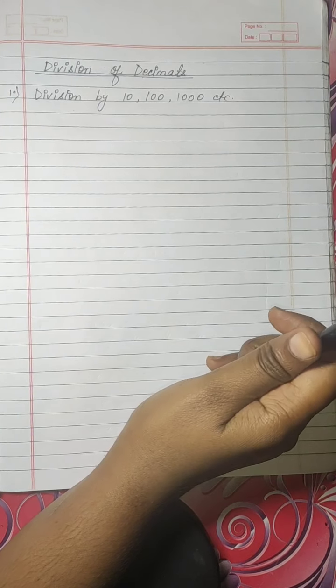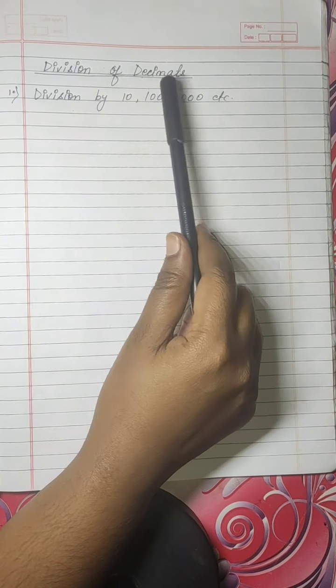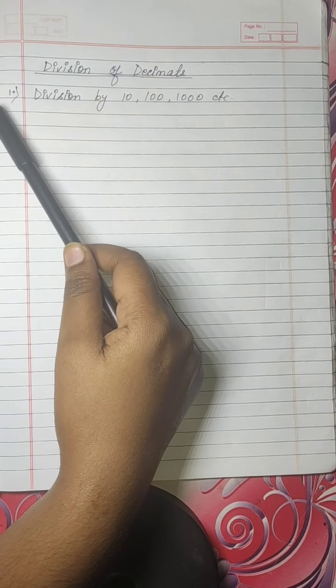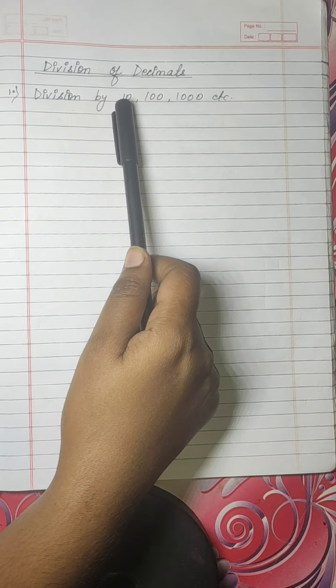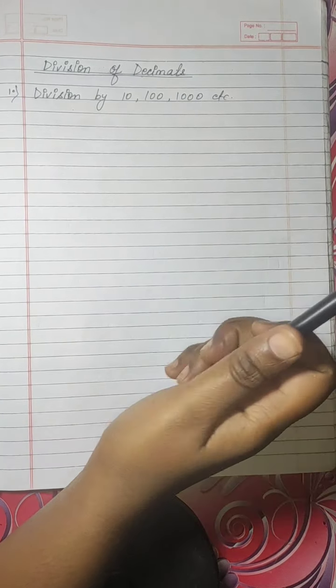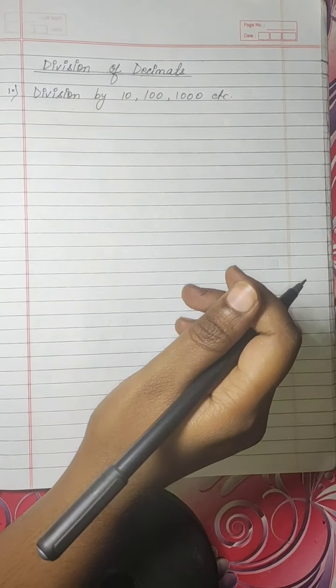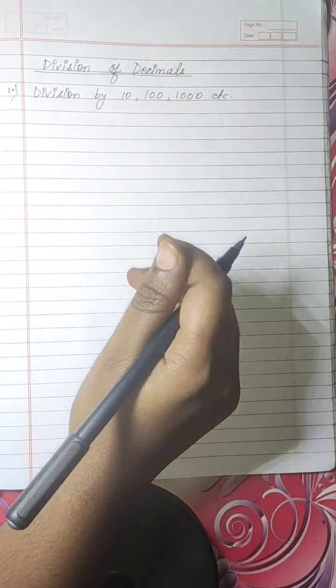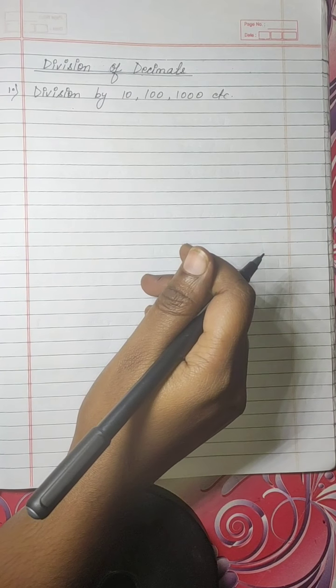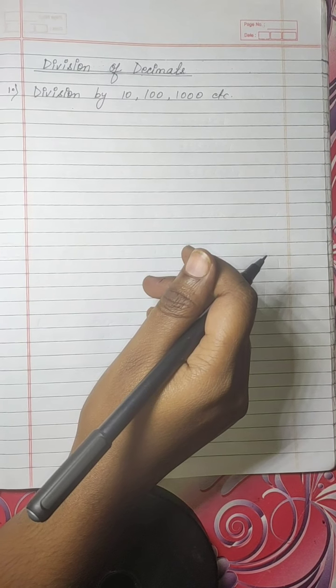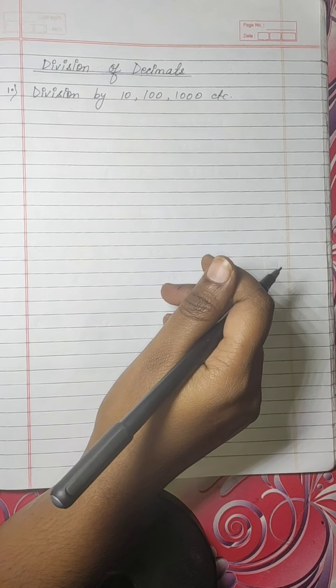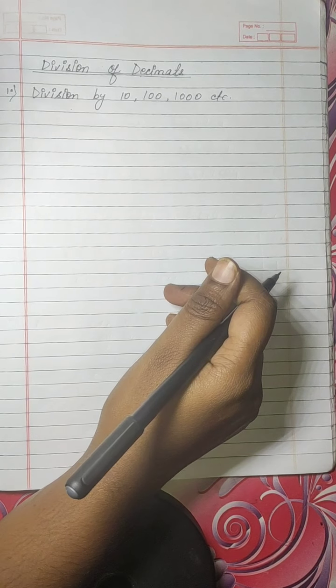Now next topic we will see is division of decimals. First again division by 10, 100, 1000. Now let's take some example. In multiplication we have taken some numbers, that same number we will take in division also.